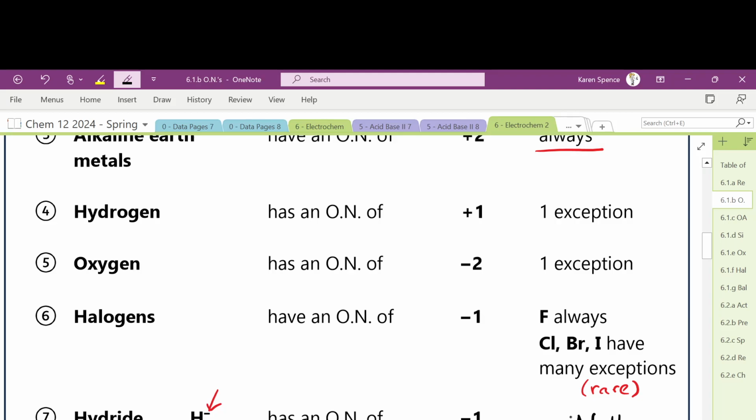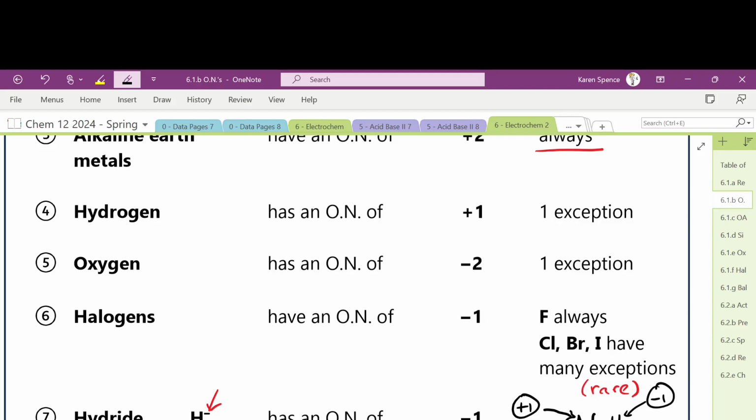Alkali ions are always +1. Yes? This is a neutral compound. So what does hydrogen have to be? It has to be -1. Don't go looking for hydrides. They're very rare.